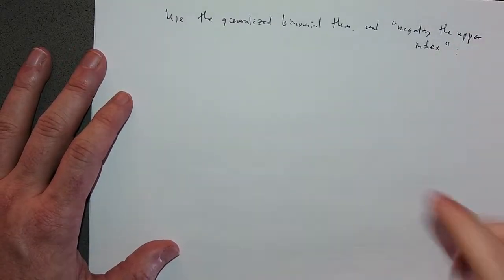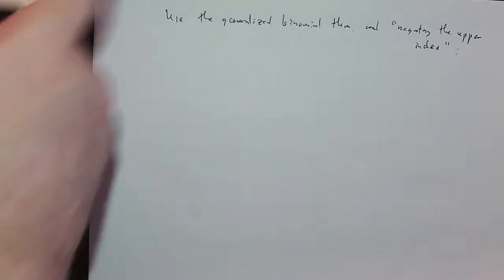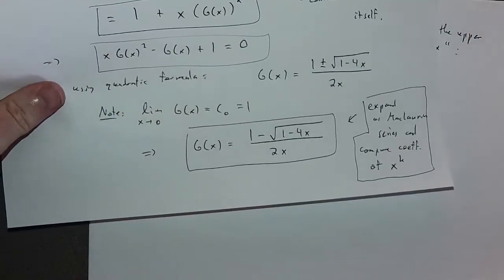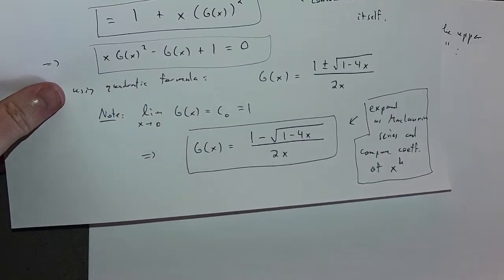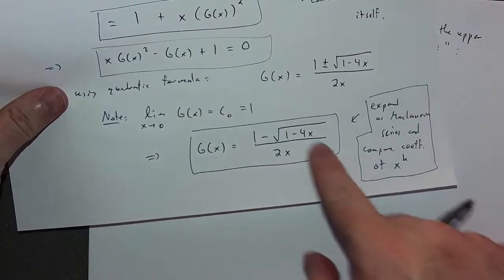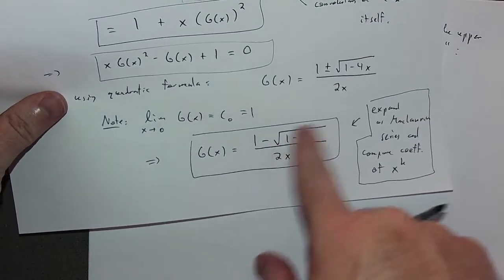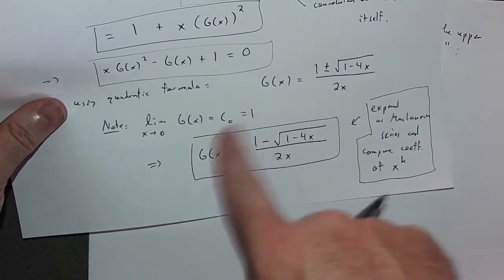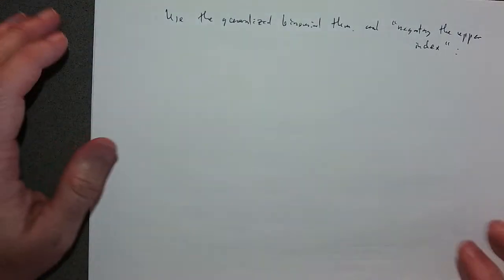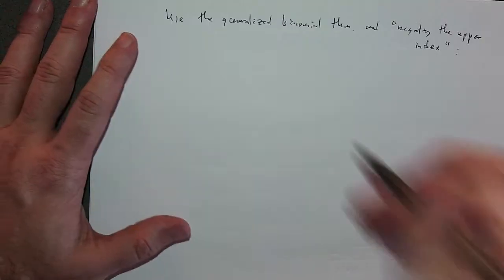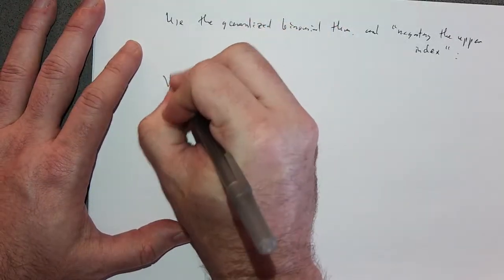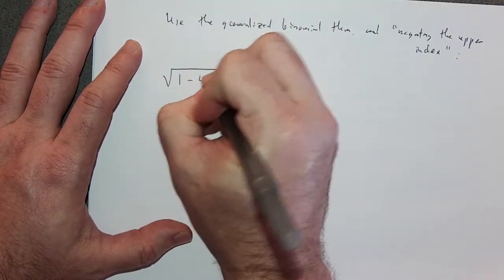In this way, the term that is tricky here is simply this radical term. So I want to deal with this radical term, then dividing through by 2x is no problem here for figuring out this power series. So that radical, what is the square root of 1 minus 4x?